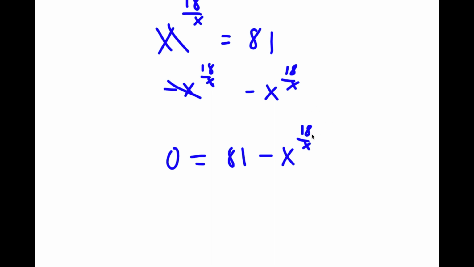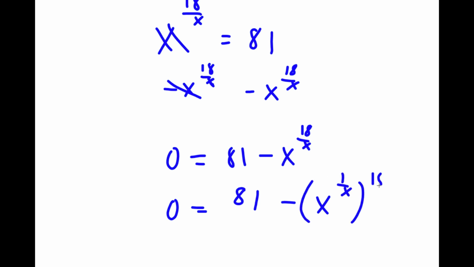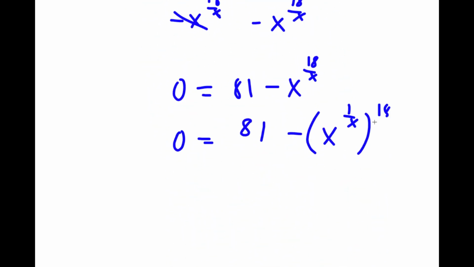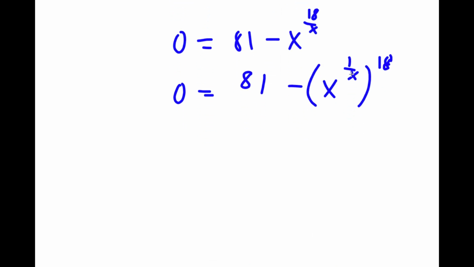And now I'm going to rewrite this as 0 is equal to 81 minus x to the power of 1 over x to the power of 18. So I simply wrote this like this, in this form.